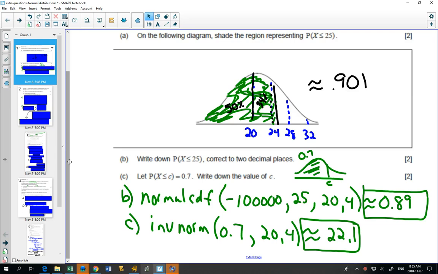The value that goes in here for inverse norm is always from the left. So if they asked you, find the score that separates the top 30%, you would still put in 0.7, because the top 30% from the left would be 70%.